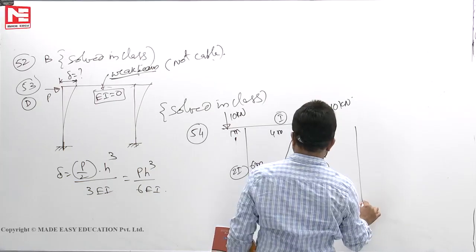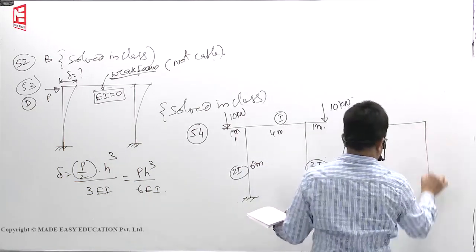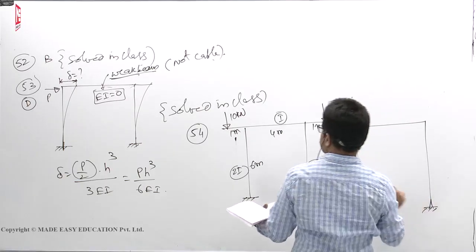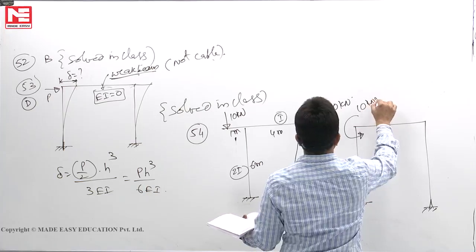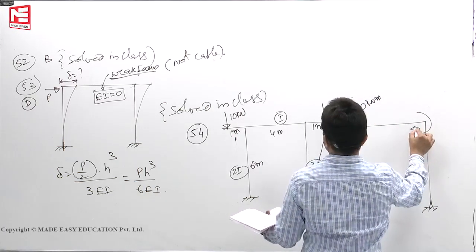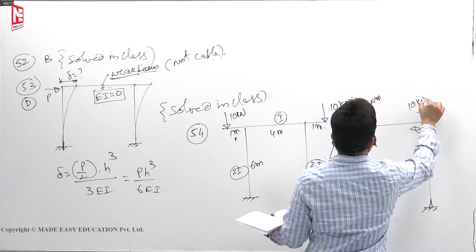So it is one end fixed. I can take a frame like this. Hinge, there is an anti-clockwise moment of 10 kilonewton meter. Here there is a clockwise moment of again 10 kilonewton meter.